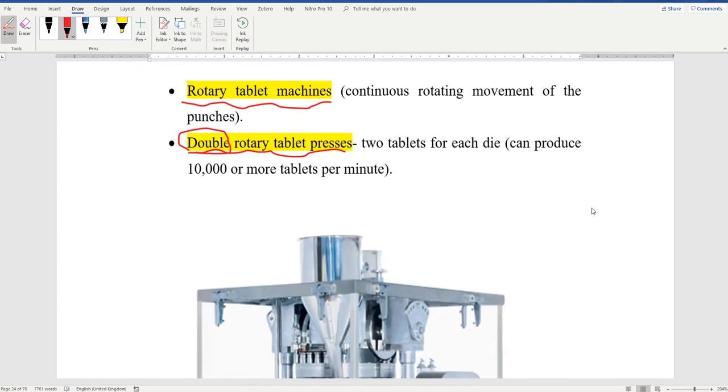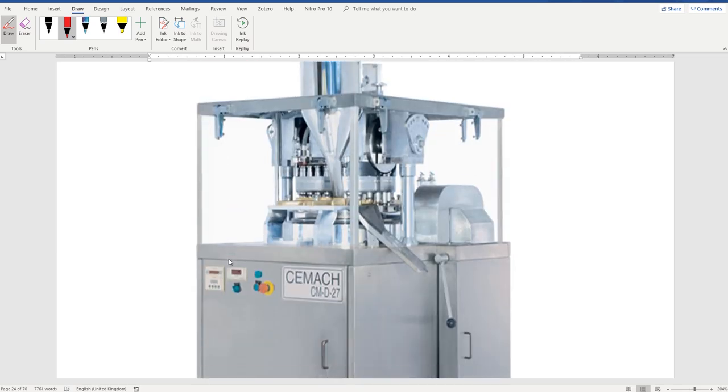In 1 minute, meaning 60 seconds, in such a machine you can produce 10,000 or more tablets per minute.